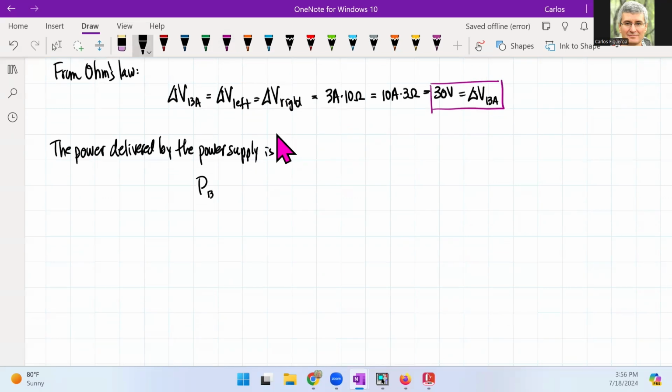The power of the 13 amp source is going to be its voltage times its current, which tells us that it has to be minus, because it's an active source. It's 30 volts times 13 amps, and that has to be minus 390 watts. And that's the power of the 13 amp source.